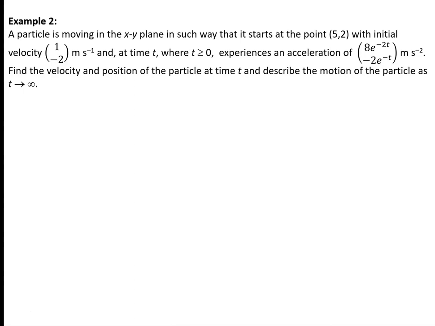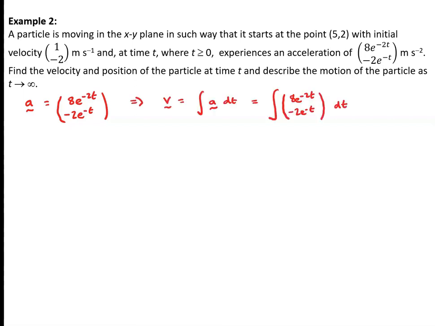Now, we know the acceleration is the vector (8e to the minus 2t, minus 2e to the minus t). We know we can obtain the velocity by integrating the acceleration. So the velocity is the integral of (8e to the minus 2t, minus 2e to the minus t).